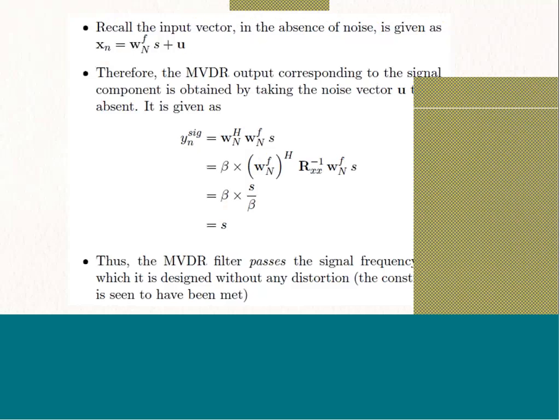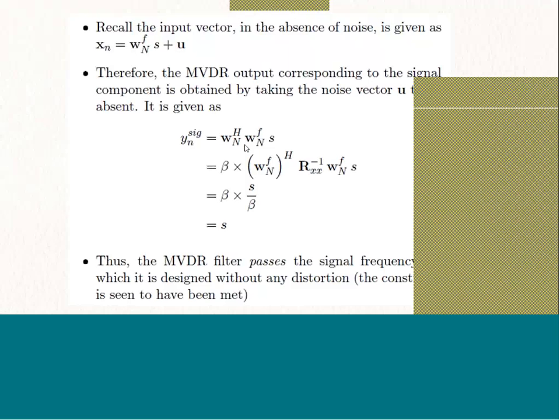At the signal of interest, W_f of n, it gave a gain of unity, and that's why we directly got S back. It didn't attenuate S. It didn't amplify it either. The reason is the constraint that we had, that our filter at this frequency should have unit gain, and that is why this S got multiplied by just 1.